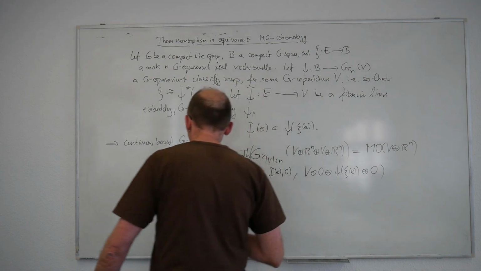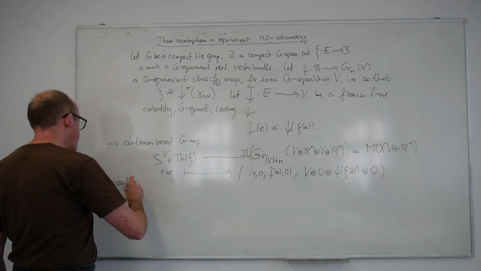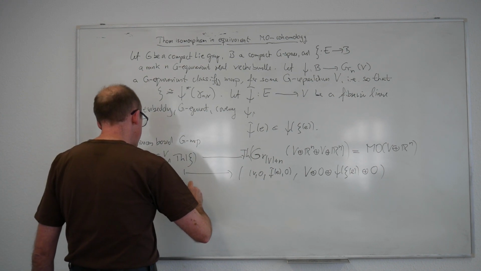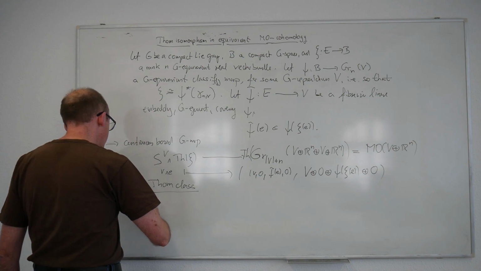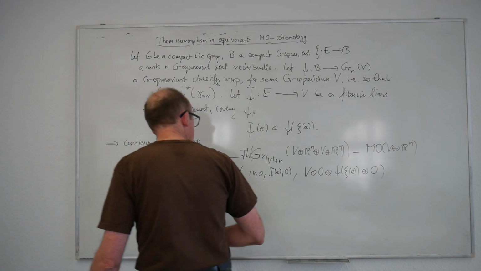And this continuous based G equivariant map represents the Thom class, for which I will write sigma G, Xi. And where do I want this to live?